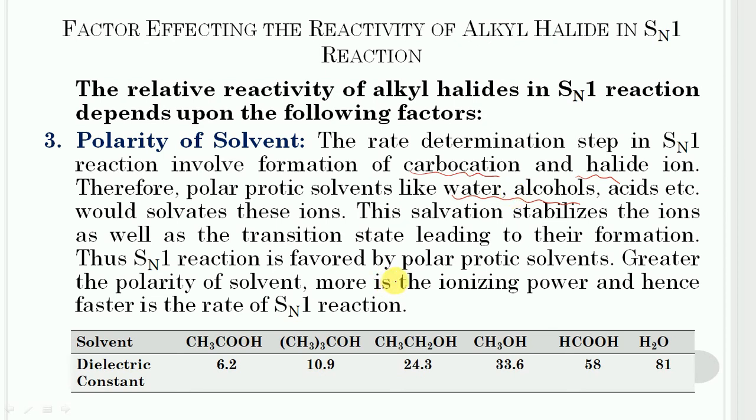This solvation stabilizes the ions as well as the transition state leading to their formation. Further, the solvation process liberates a considerable amount of energy which facilitates the ionization step further. Thus, SN1 reactions are favored by polar protic solvents.